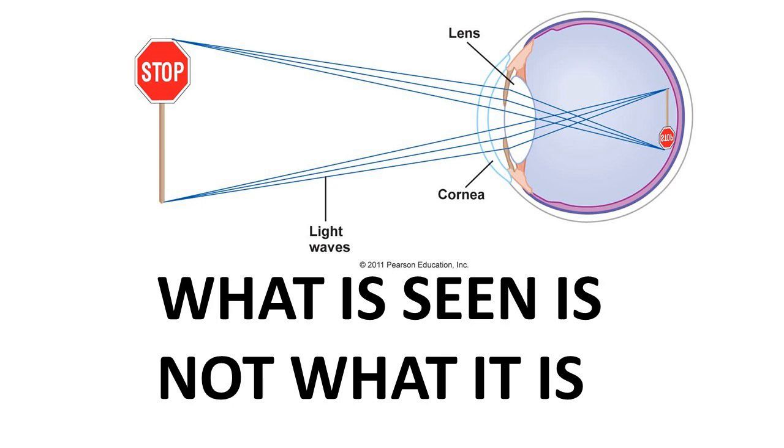So, when you see an object, what does mind see? Is it the real object? So it is not the real object mind can see, right?